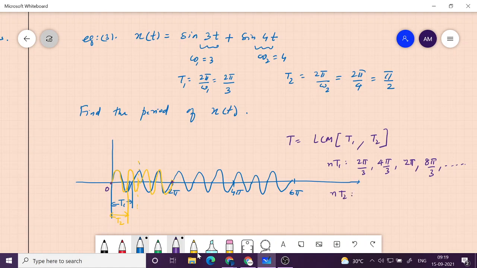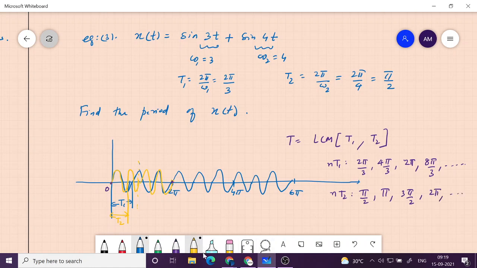So what is T2? T2 is pi by 2, and then I have 2 pi by 2, which is pi, then 3 pi by 2, then 4 pi by 2, which is 2 pi, etc.